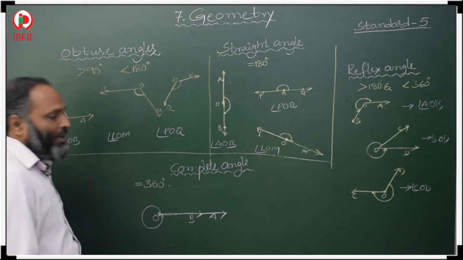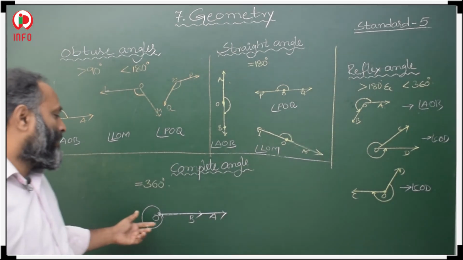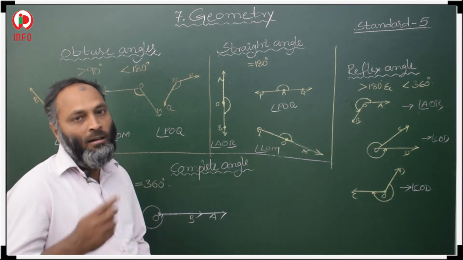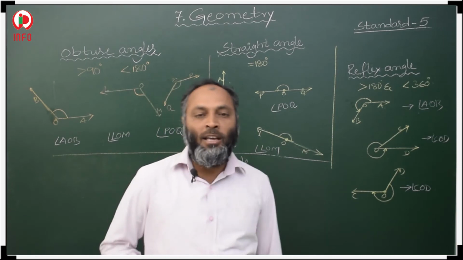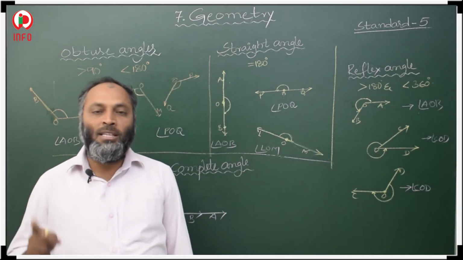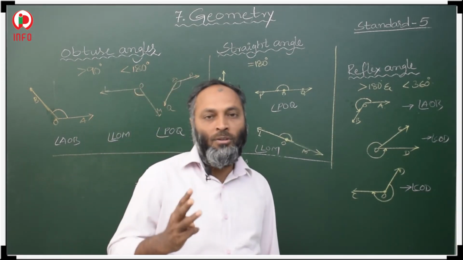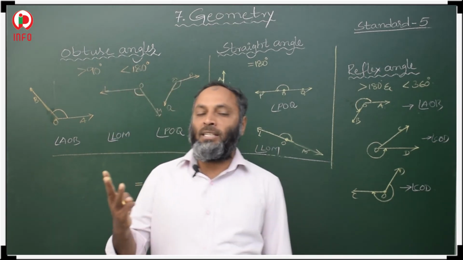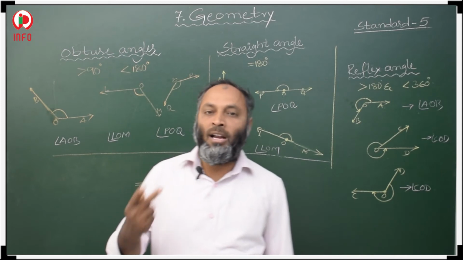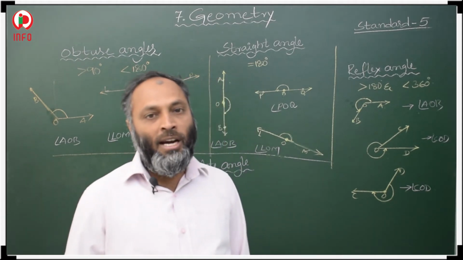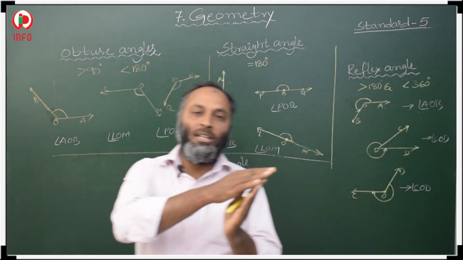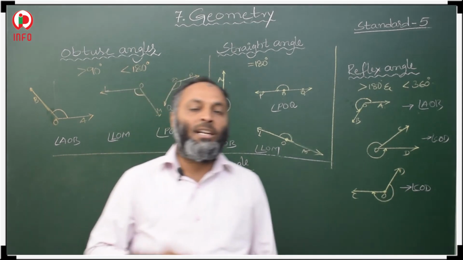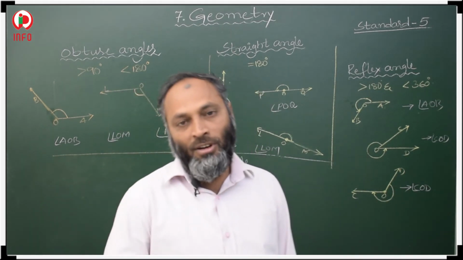As a definition of a complete angle, in a clock we have hands: one is the hour hand, one is the minute hand, and a third is the seconds hand. If the hour hand and minute hand come together and coincide with each other, it means they complete one rotation.